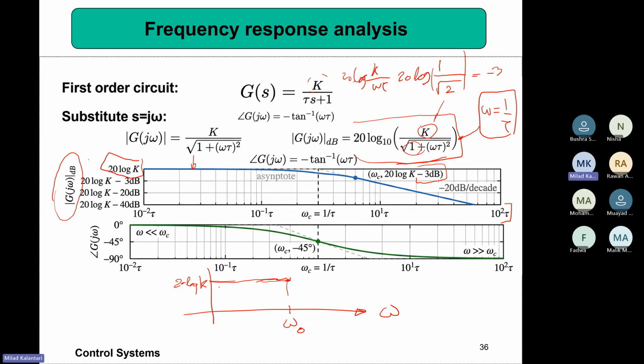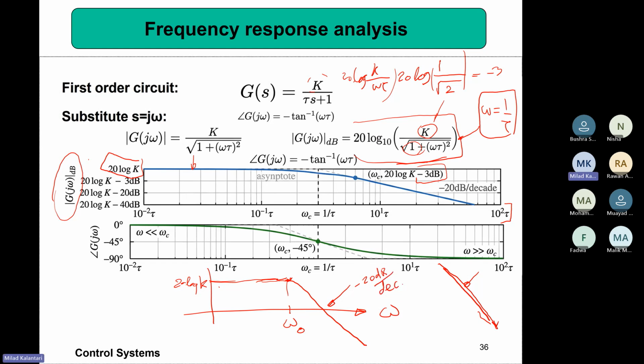This simple thing is saying that in the log scale it has some slope. It's like a straight line dropping, and the slope of this line is negative 20 dB per decade.